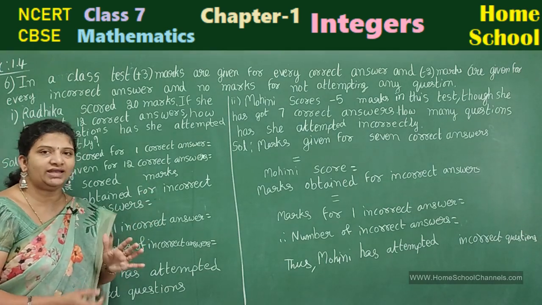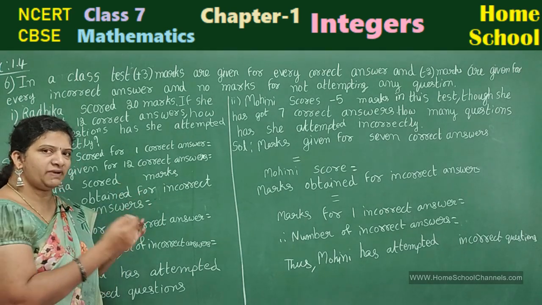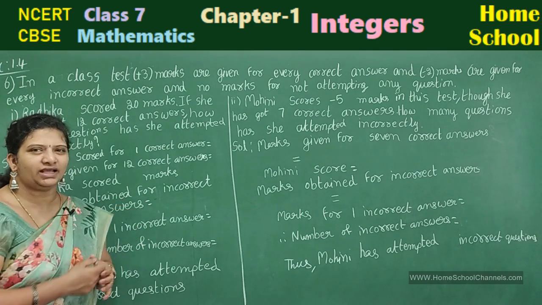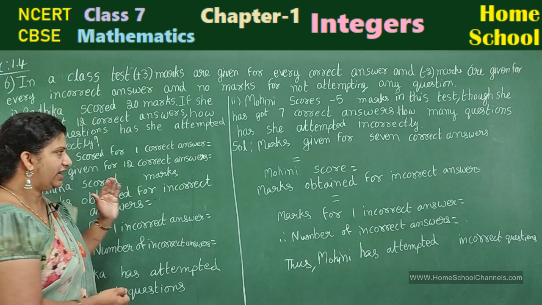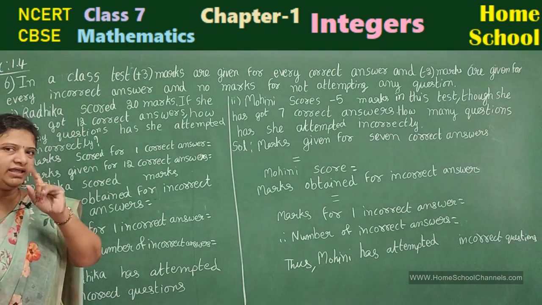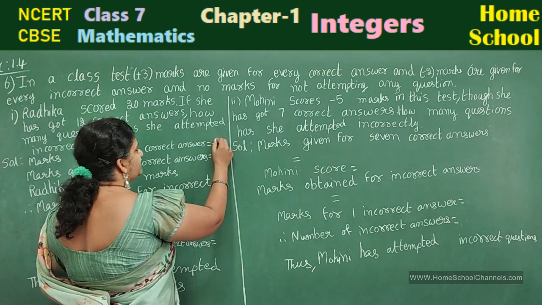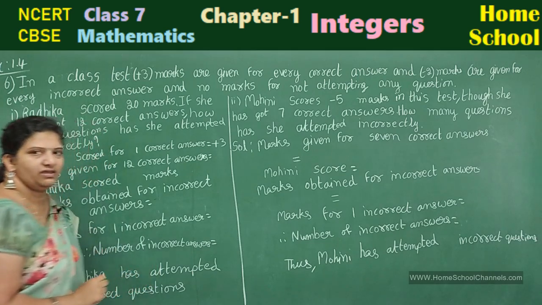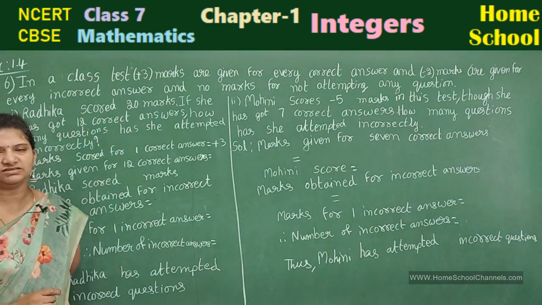So we need to write this problem in the form of statements. While explaining, writing statements takes a little time. So minimum statements I have written already. So let us start our solution here. Marks scored for 1 correct answer. How many marks she is going to score? Plus 3 marks. Yes. Marks given for 12 correct answers.